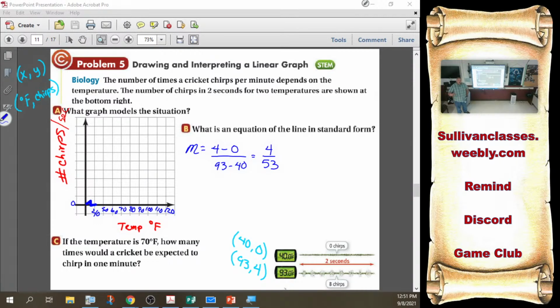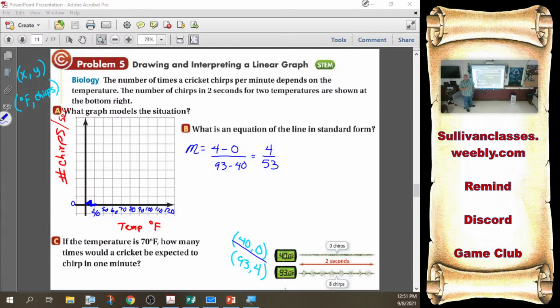I don't need to go to point slope form on this to find the rest of the equation, because what's this? Zero's in a y spot, right?